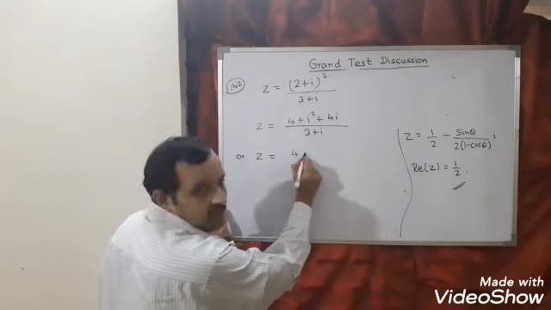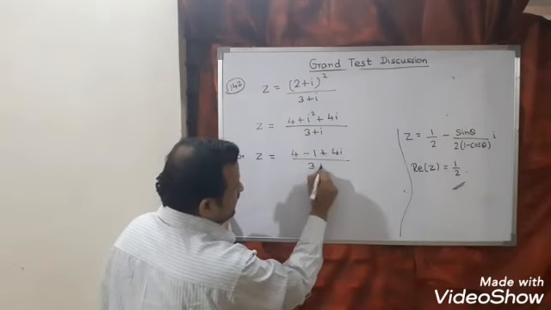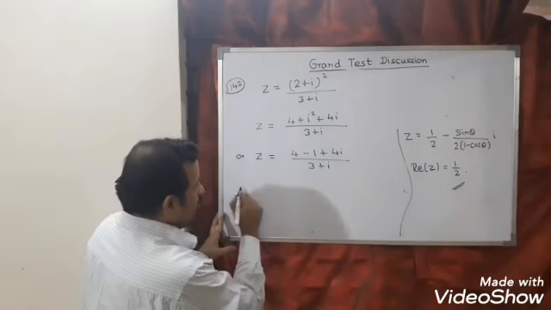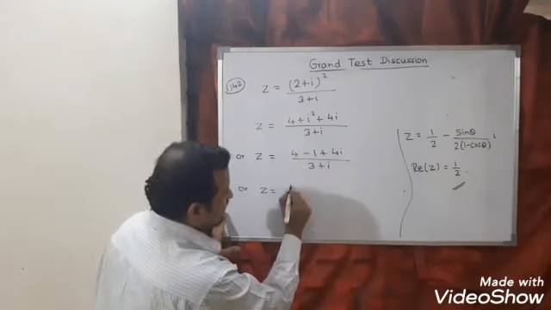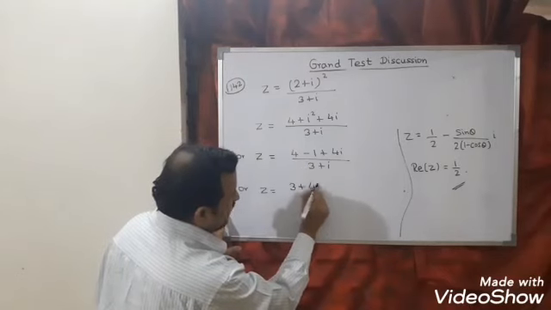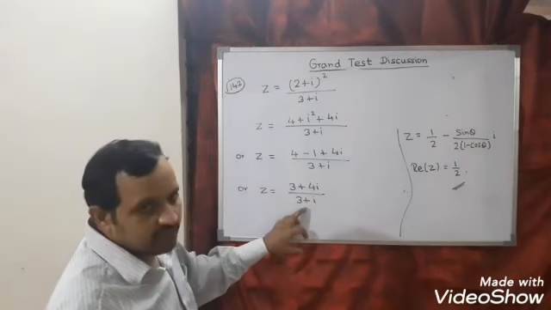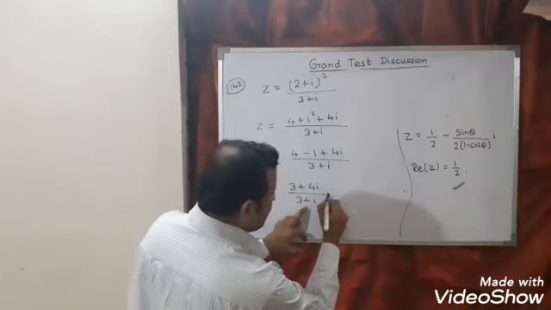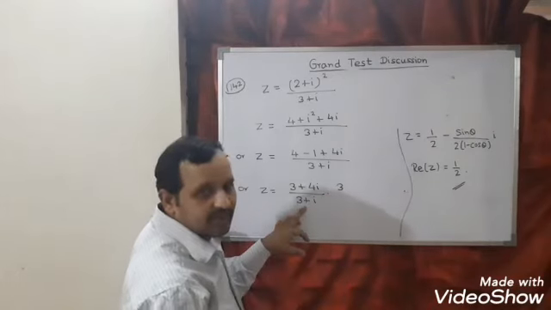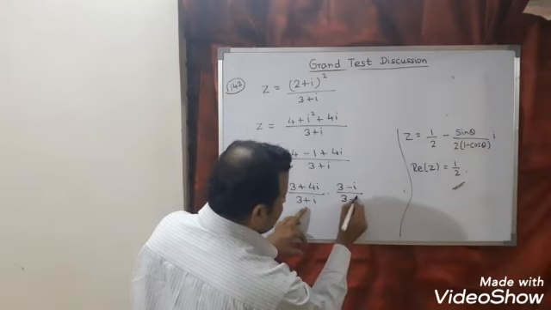So 4 minus 1 plus 4i divided by 3 plus i, which is 3 plus 4i divided by 3 plus i. As I told you, whenever a complex number comes in the denominator, we have to take its conjugate. So the conjugate of 3 plus i is 3 minus i, divided by 3 minus i.